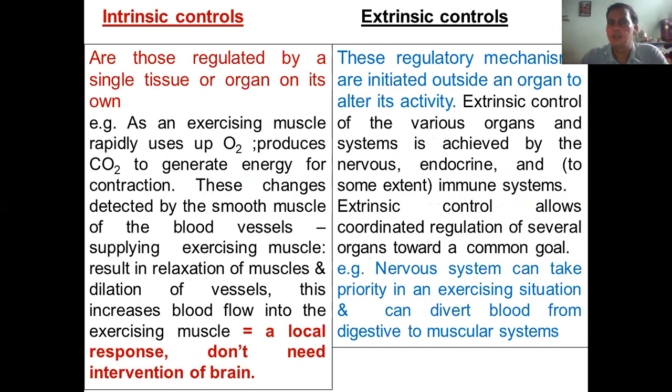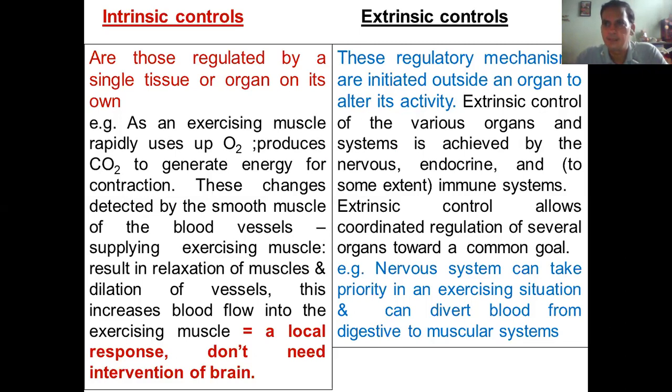An example could be that while exercising, the muscles rapidly use oxygen and they produce carbon dioxide. Now this change in the level of oxygen and carbon dioxide is detected by the smooth muscles. There are some kind of chemoreceptors which detect the change in the concentration of these two gases. Because of that, they will be relaxed.